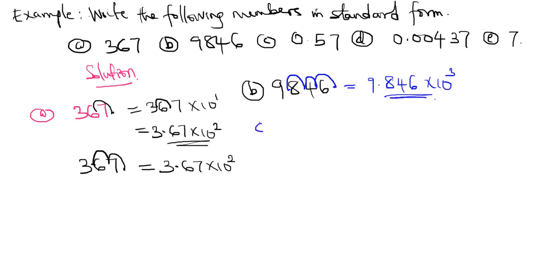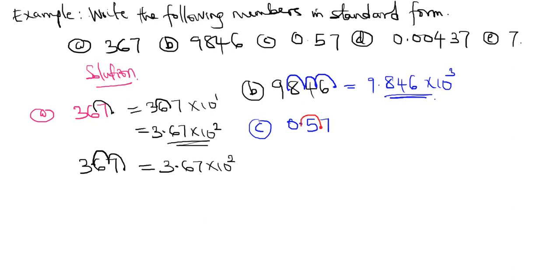Okay, we have C here. For C, we have 0.57. You can see that we have the decimal point here already. How do you solve that since we have the decimal point here? You are going to move the decimal point. When you move it like this, the number becomes 5.7, which is within the range of 10.